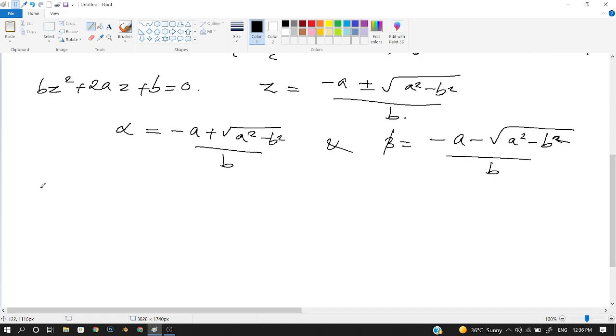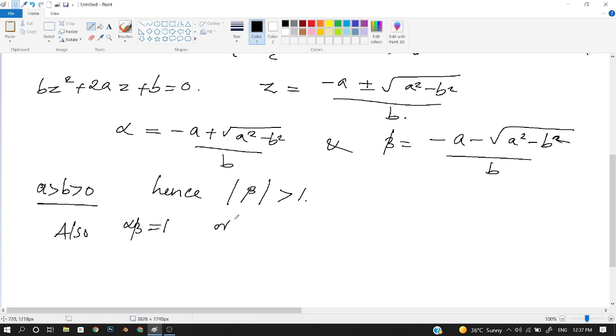Here it is given that a is greater than b greater than 0. Hence, modulus of beta is greater than 1. Also, alpha beta is equal to 1, or mod alpha into mod beta equals 1.